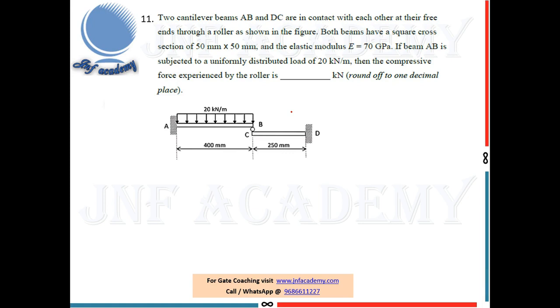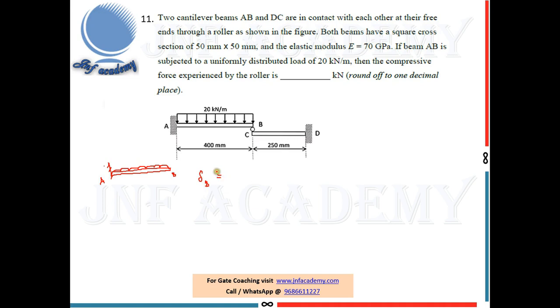Here I am going to take the first portion, the AB portion. I have to find the deflection at the location B. For finding deflection at B, I can use two methods.